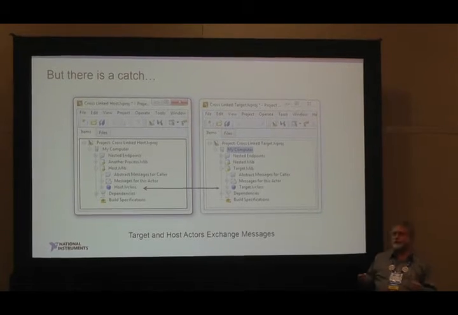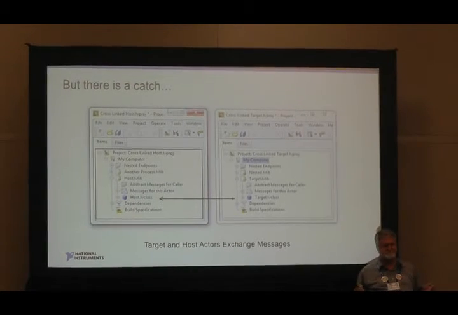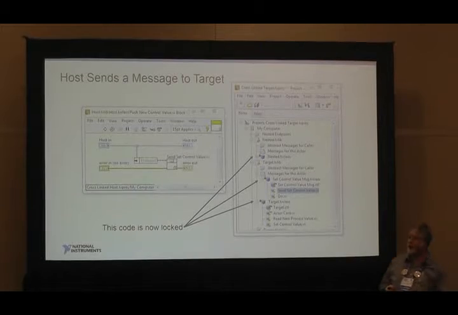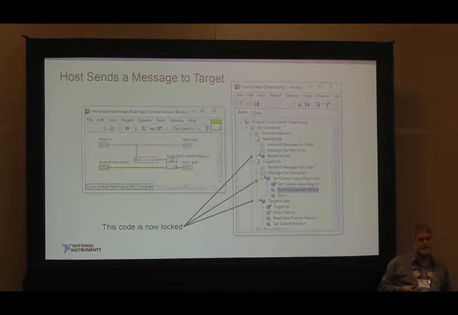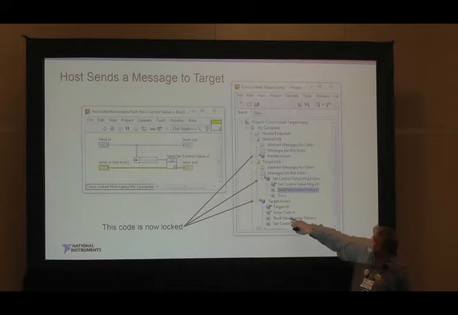And then I say, all right, so host needs to send a message to target. How do we do that? Well, it's Actor Framework, right? We go off and grab the send VI from the message class of interest. We drop it on the block diagram of a VI in host, and that's awesome. And then what happens? Well, why are these all locked up?